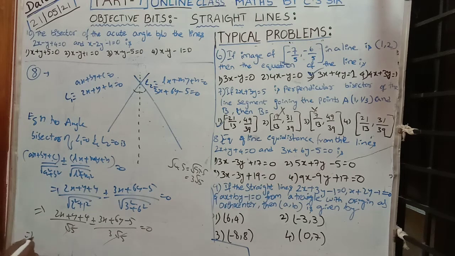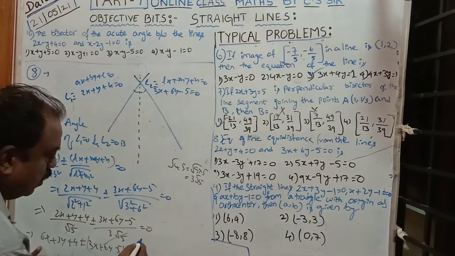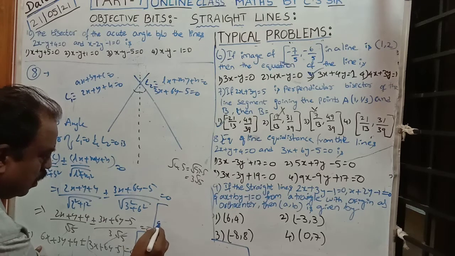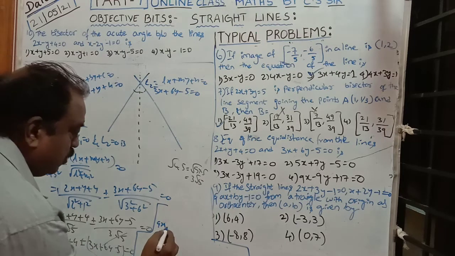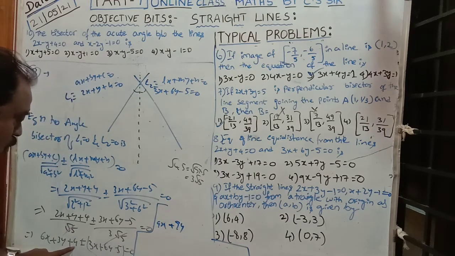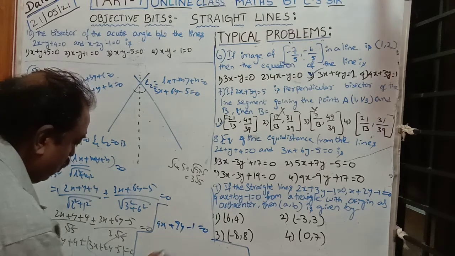So it is 6x plus 3y plus 12 plus or minus 3x plus 6y minus 5 is equal to 0. Correct? Now from this, if you take plus, 6x plus 3x is 9x, 3y plus 6y is 9y.